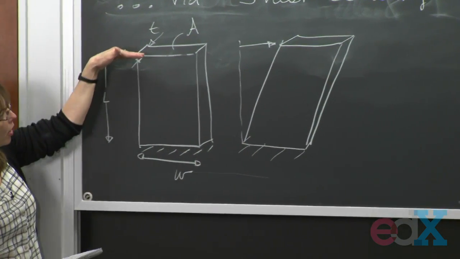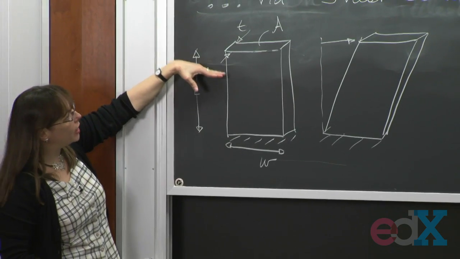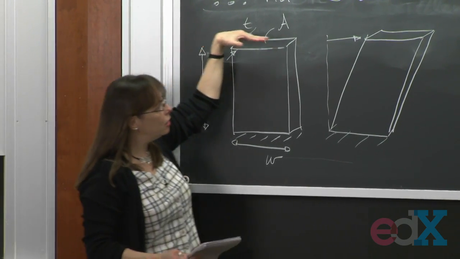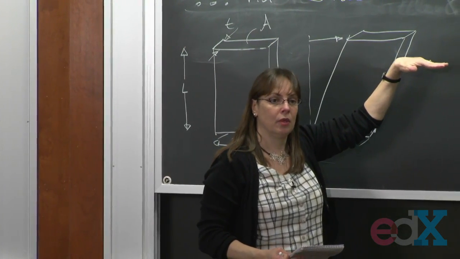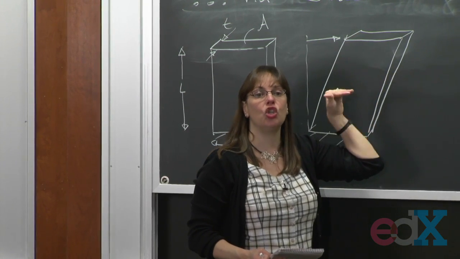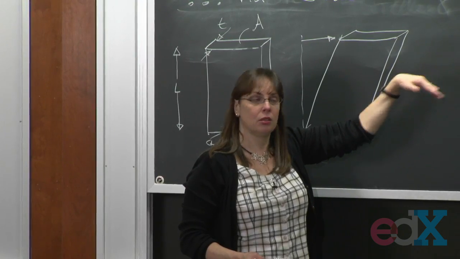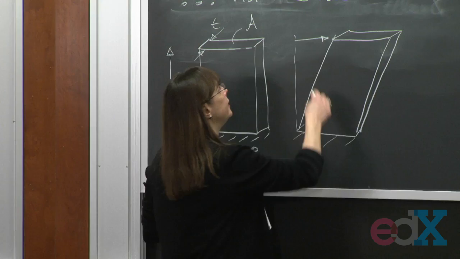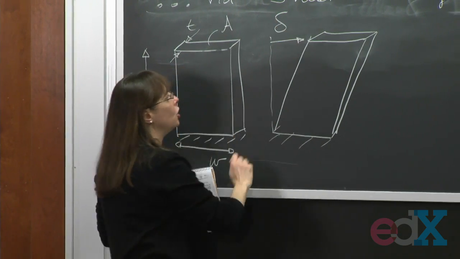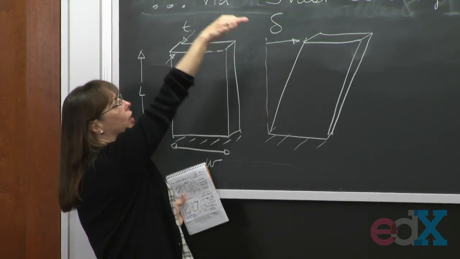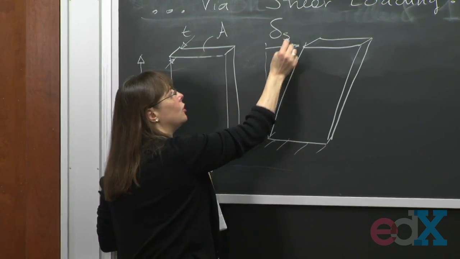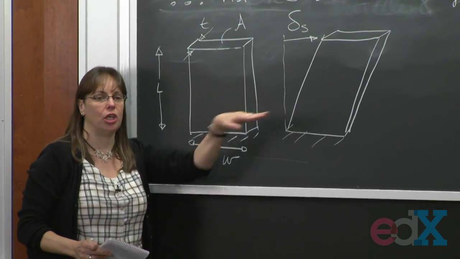Okay, it's the same bar, but instead of moving it up, I moved it horizontal. This kind of deformation is called shear. I'm shearing this block. Okay? And this thing is still a delta. But in order to remind myself that I'm not going up, I put an S here to remind me that this is a delta in shear.